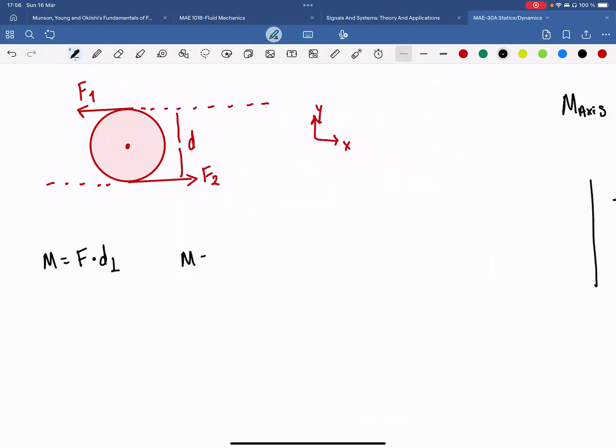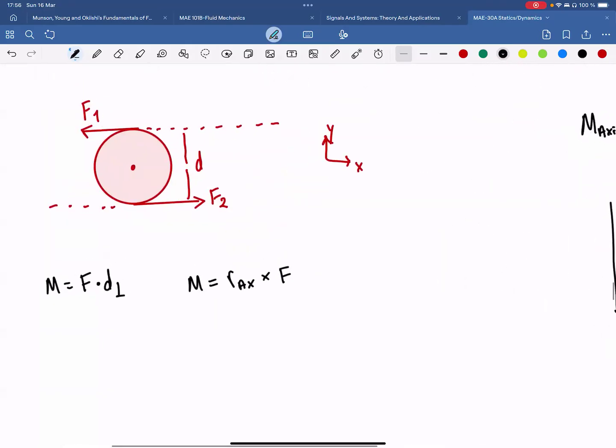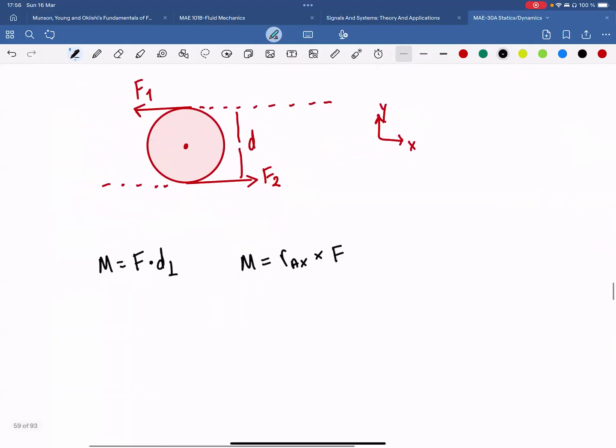But moment in a 3D aspect will be the position vector RAB cross the force, right? That's the definition of moment. That's the equation. This is around a point, of course.